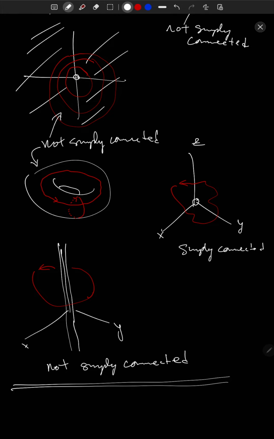So I was saying, one way to classify surfaces, or to classify topological objects, is by whether they have loops that deform. The surface of a donut has two classes of loops which cannot deform into a point.